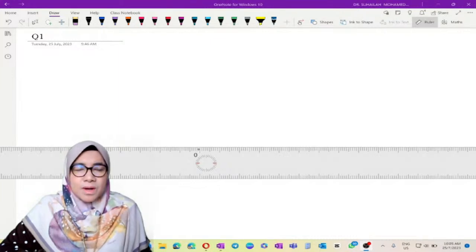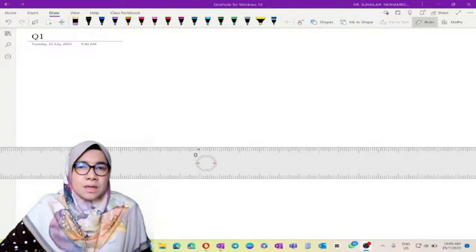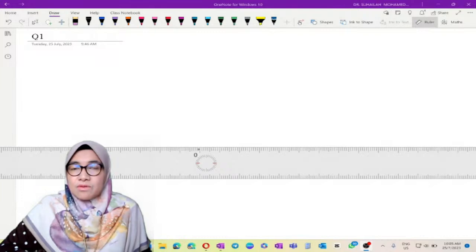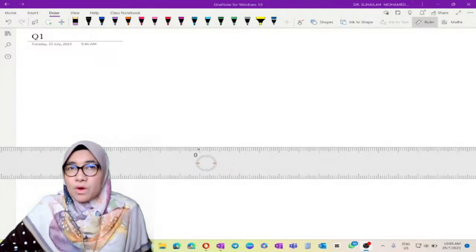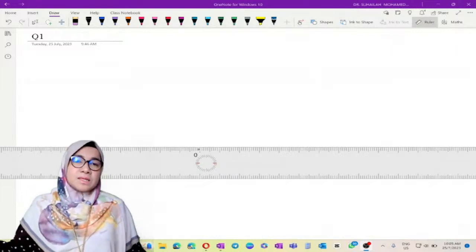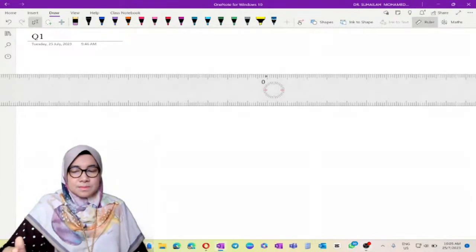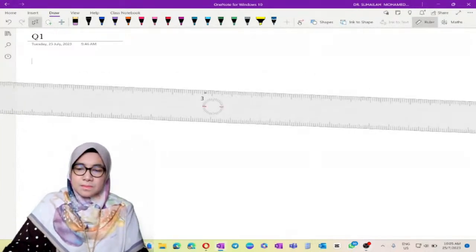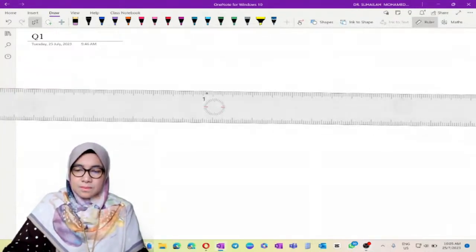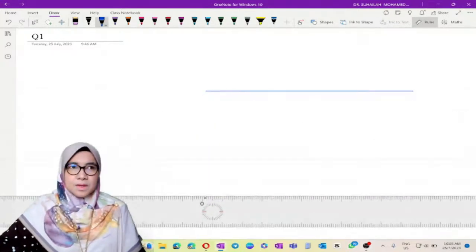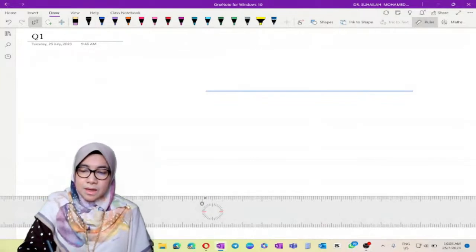Good day, everyone. In this video, I would like to revise the flexibility method analysis of beams. We will focus on one redundant beam first. Let's say we have one beam like this.